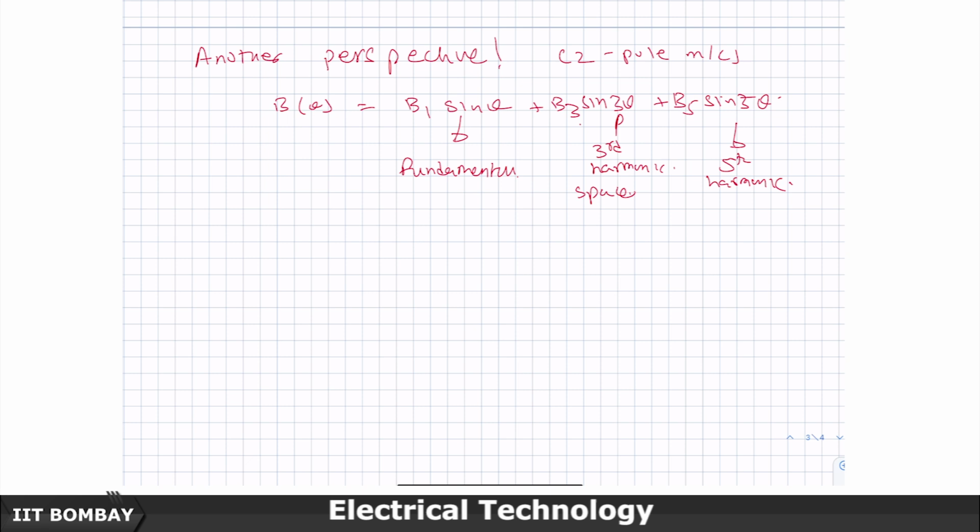Now, if you look at it this way, the third harmonic will complete three pairs of cycles, 1, 2, 3 pairs of cycles in one rotation, and this machine is rotating at 50 hertz. Then what is the harmonic frequency? 50 into 3.